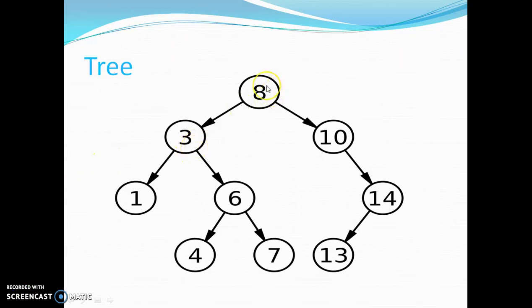Every node has a relation with other nodes. For example, we can see that 8 is a parent of 3 and 10. 3 is a parent of 1 and 6. Or we can say that 3 is a child of 8.